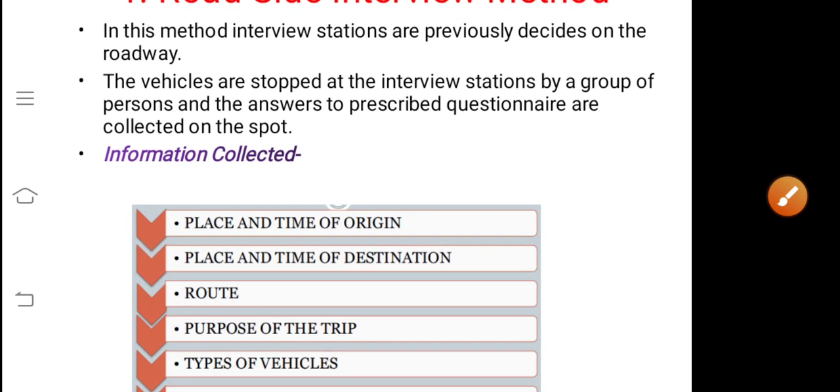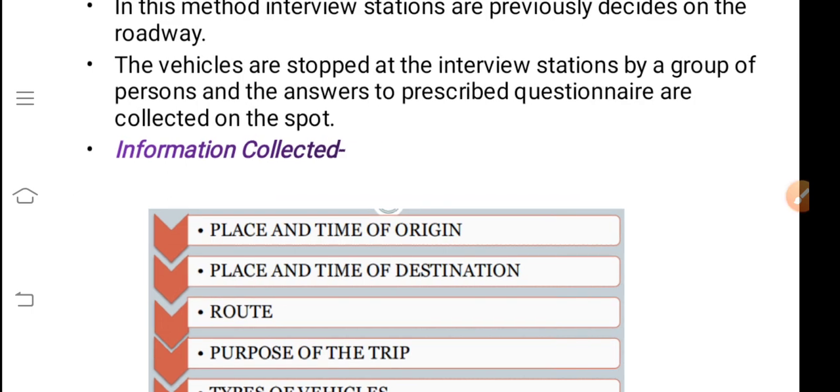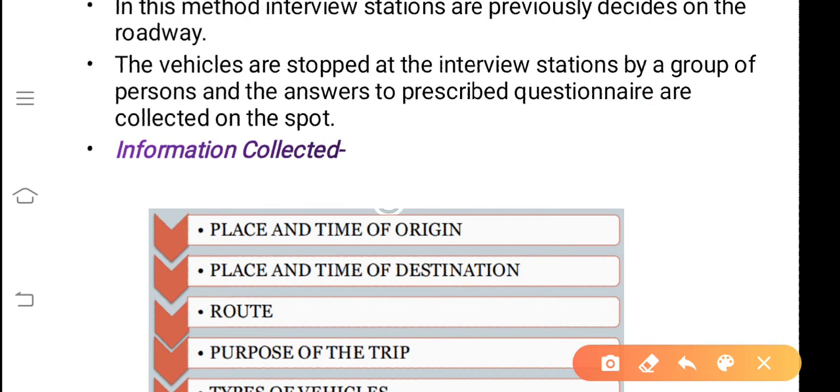Roadside interview method. In this method, interview stations are previously decided on the roadway with prior permission from police authorities. The vehicles are stopped at the interview stations by a group of persons, and the answers to the prescribed questionnaires are collected on the spot.